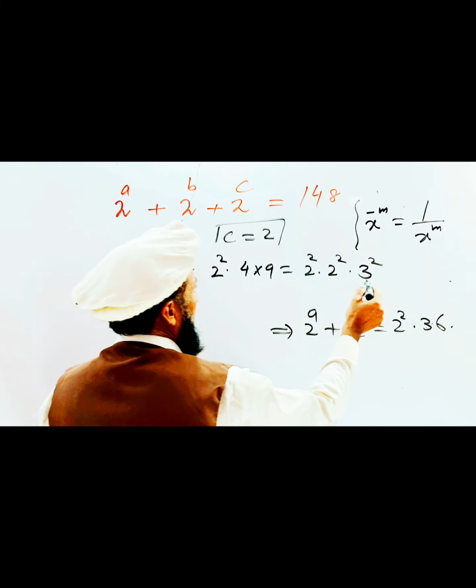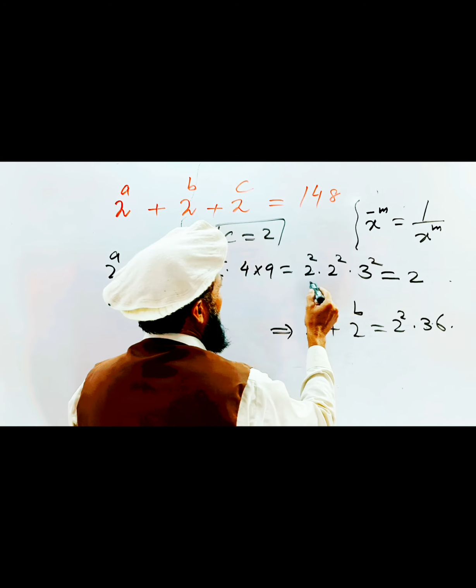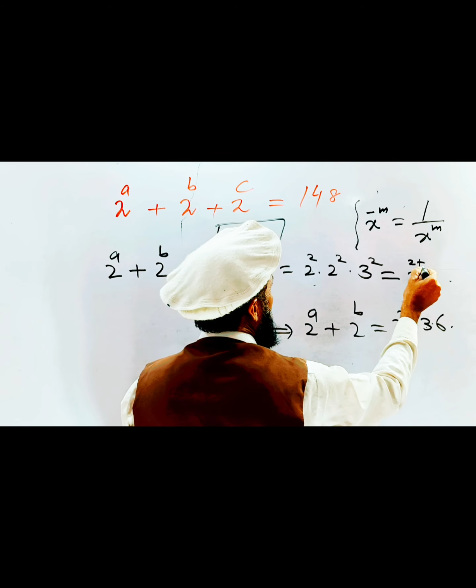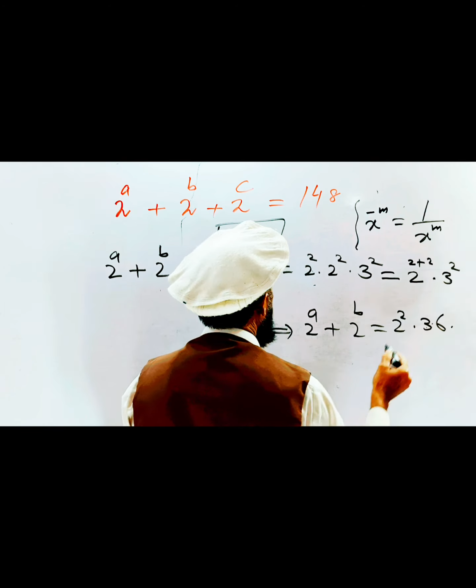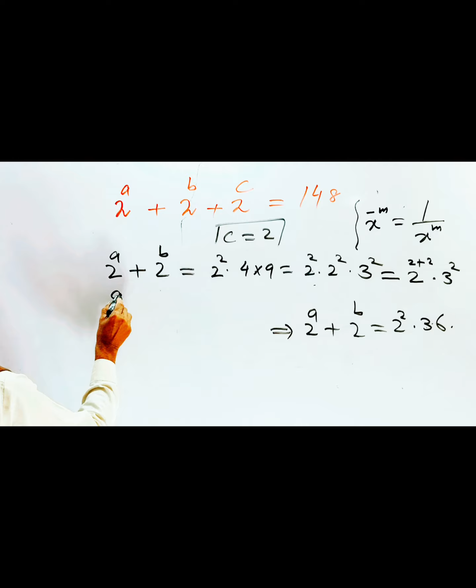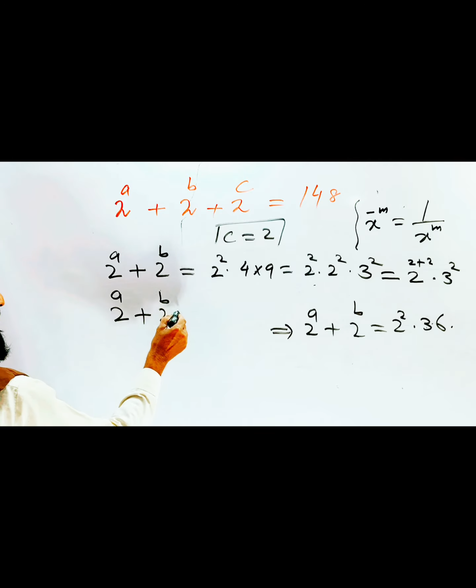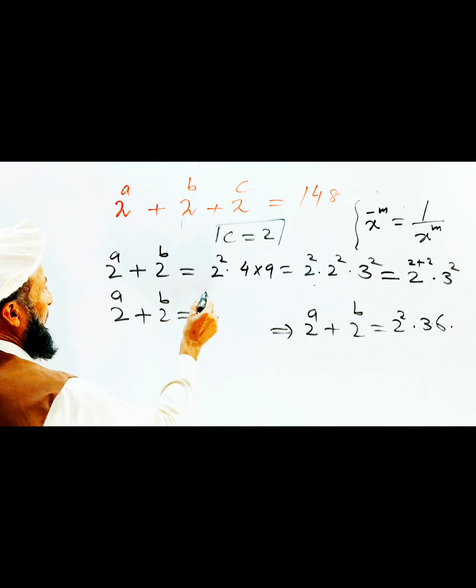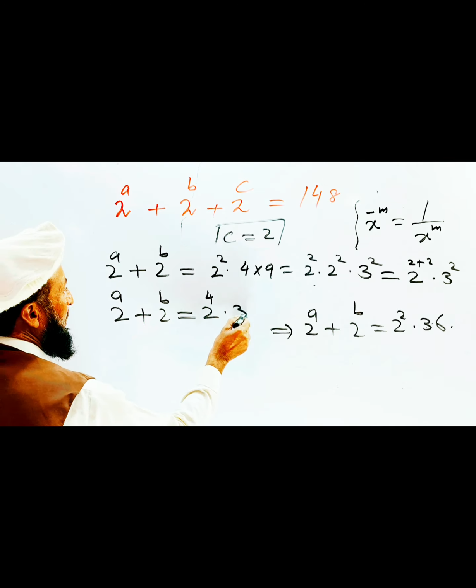Now look here, if we take the base, we will get 2 plus 2 and 3 square. Similarly 2 exponent of a plus 2 exponent of b is equal to 2 exponent of 4 and 3 square. Now 2 exponent of 4 is 16 and 3 square is 9.